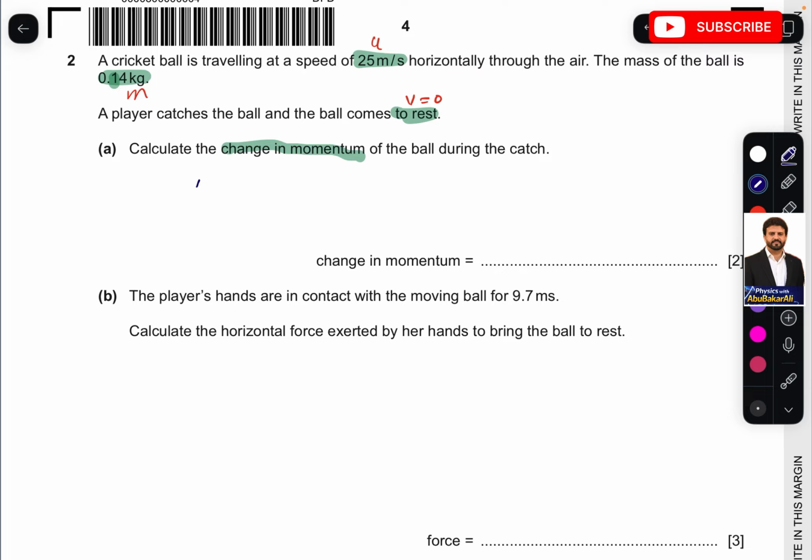Change in momentum is mass times change in velocity, so that is mass into V minus U. So M is 0.14, V is 0 and U is 25. Doing the calculation, you will get minus 3.5 kg meter per second.